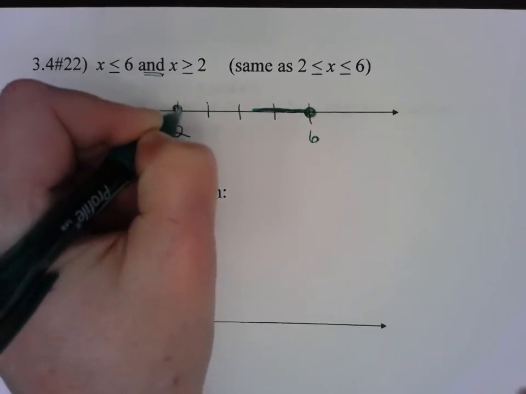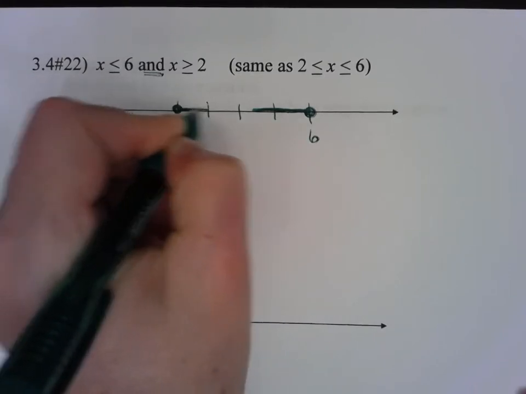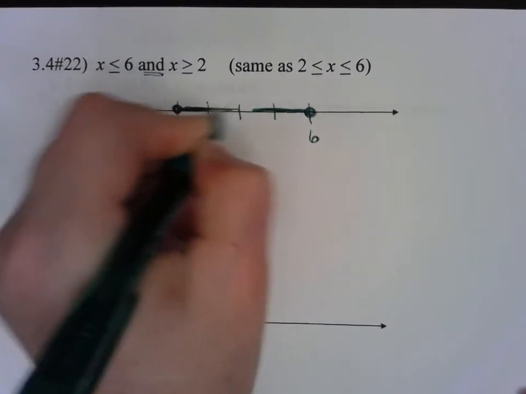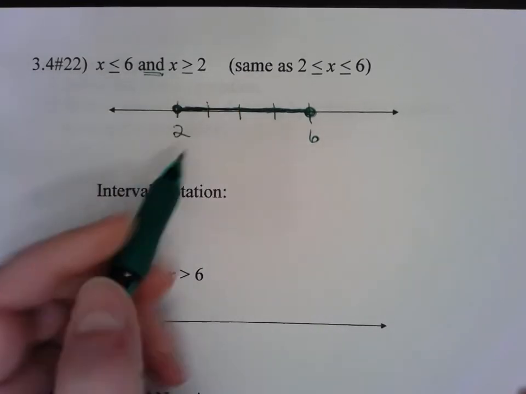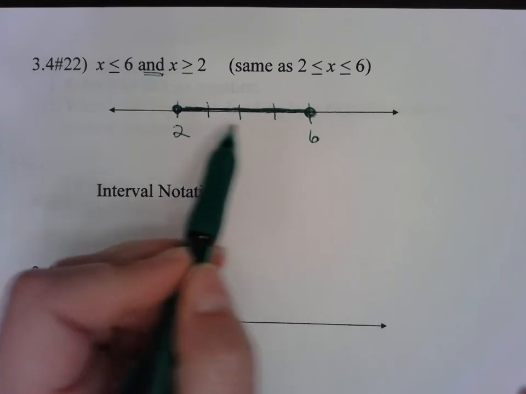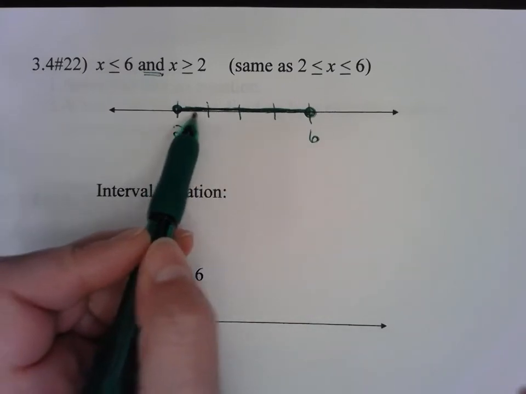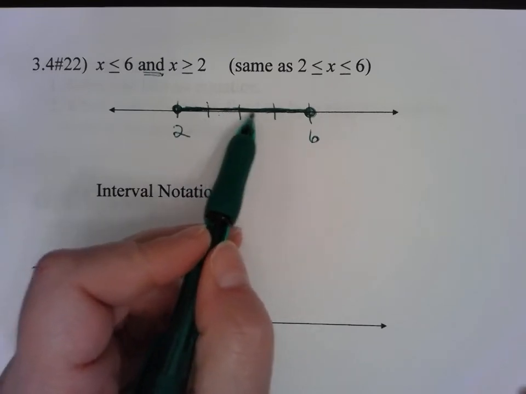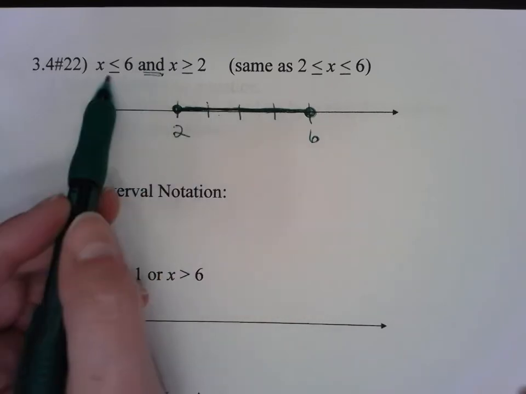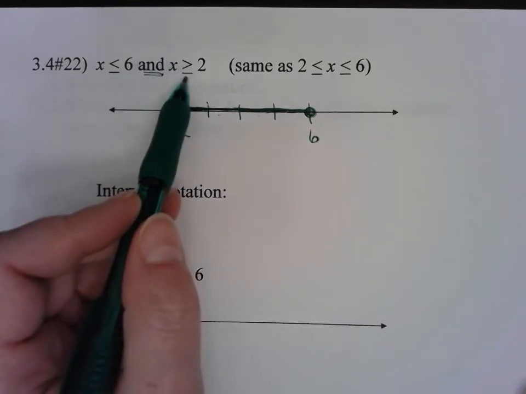So it could be equal to, so colored in dot, bigger than 2. So both bigger than 2 and smaller than 6 kind of gives us this in-between kind of phenomenon, right? So all the numbers in this region, like 3, 4, 5, or any of the decimals in between, are both less than or equal to 6 and greater than or equal to 2.